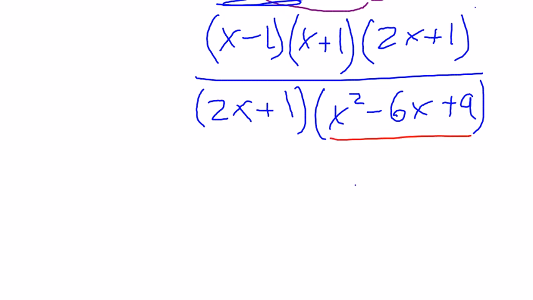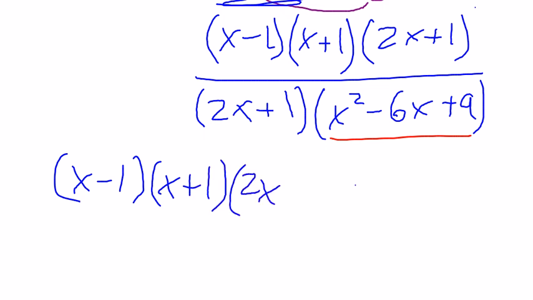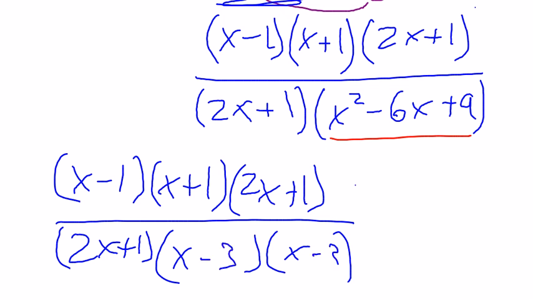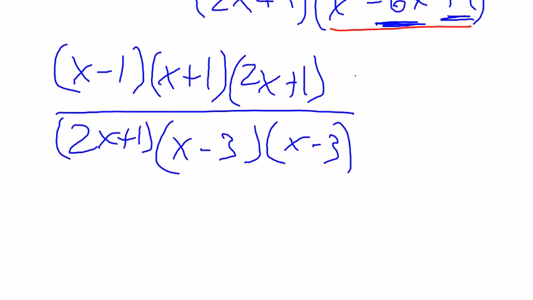So I'm going to rewrite the numerator as we already have it, x minus 1, x plus 1, 2x plus 1, all over 2x plus 1 times, now we're going to factor that, which we can factor as x minus 3, x minus 3. Negative 3 times negative 3 gives me positive 9, and negative 3 minus 3 gives me negative 6. So I'm good.